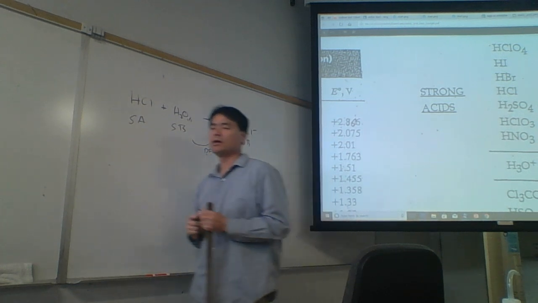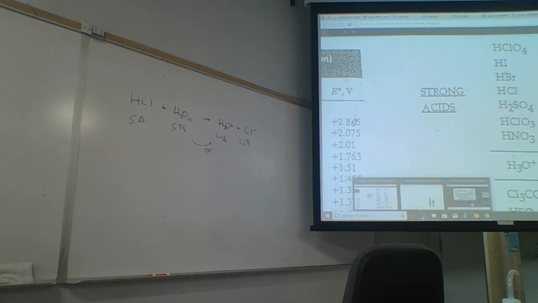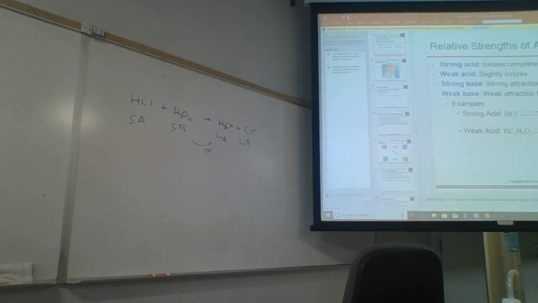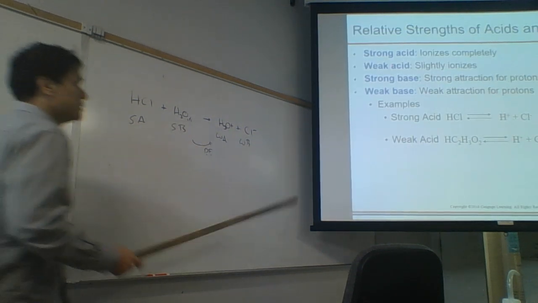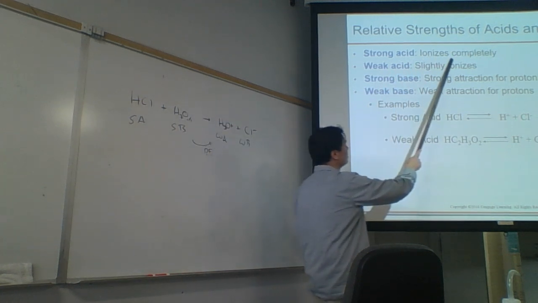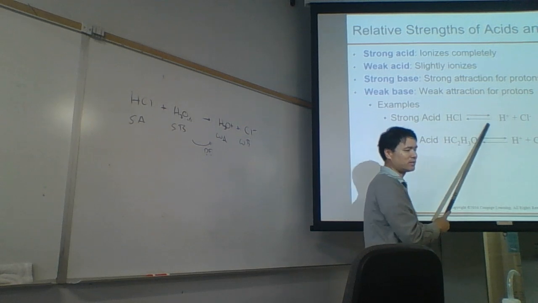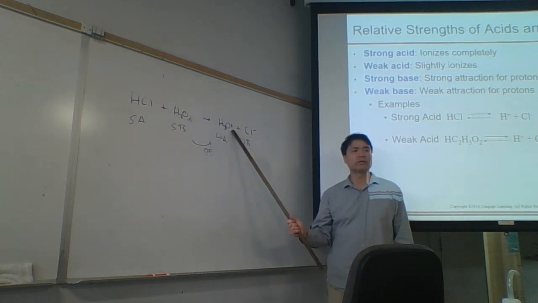So when we have a strong acid, we say this. Strong acids ionize or hydrolyze completely. When they ionize or hydrolyze completely, this is ionization, this is hydrolysis, they form a lot of hydronium in solution.